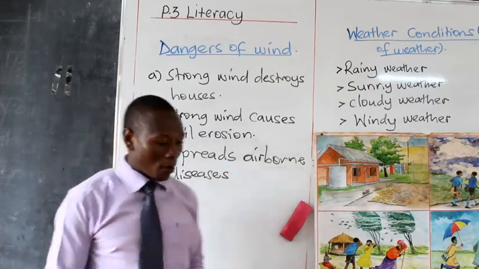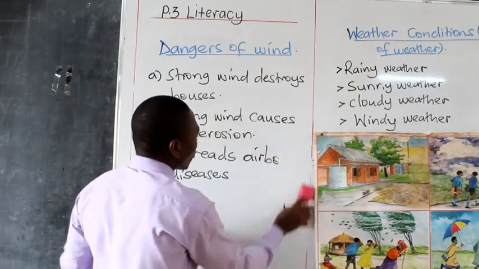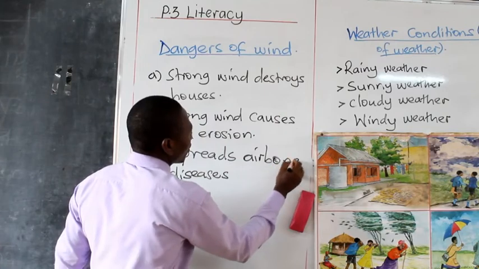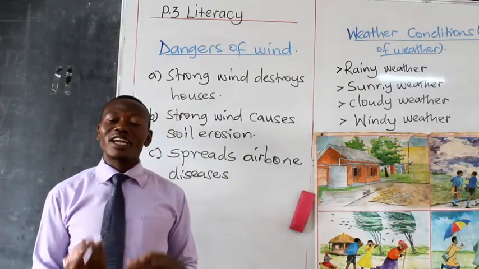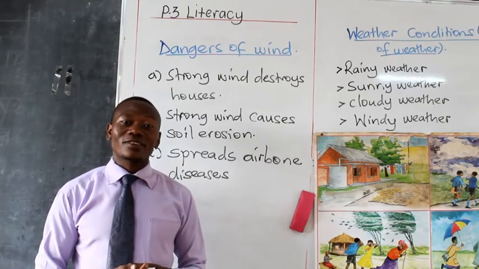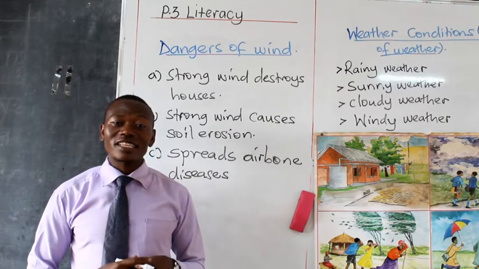Wind spreads airborne diseases. What are examples of airborne diseases? Right now, the one which we have currently is what? Corona. Corona or COVID-19 is an airborne disease.